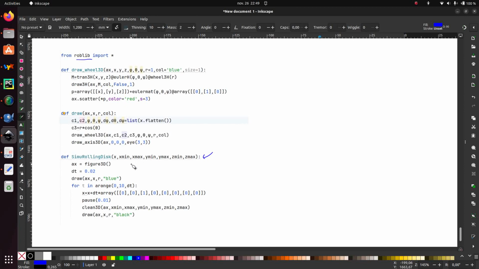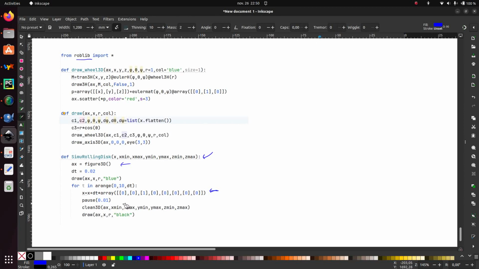So I draw a 3D picture with a sampling time, and I have the main loop. And to start, I don't take the state equation I have obtained, but I try to move one by one each of the state variables, so that I can see that the graphism corresponds to what is expected.